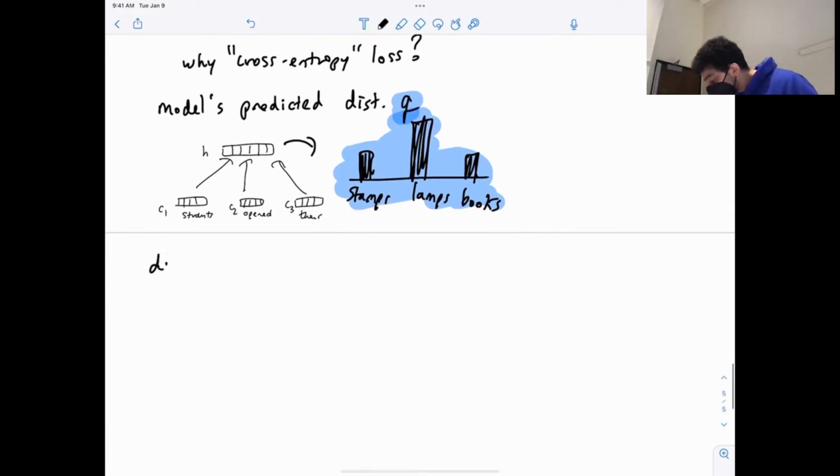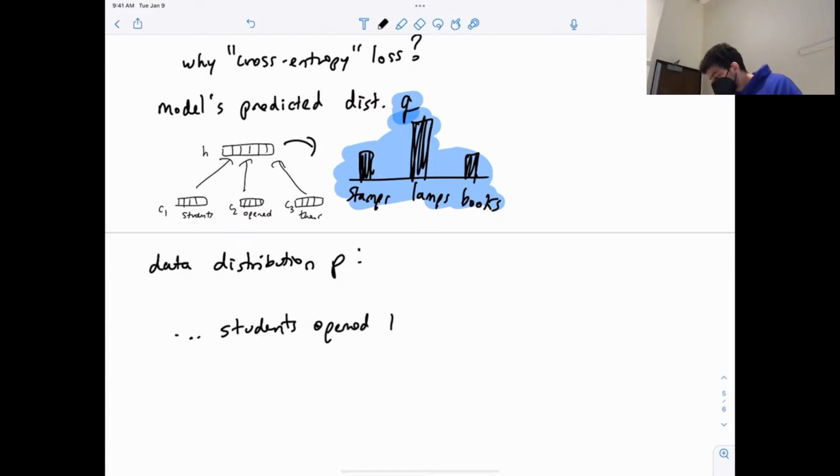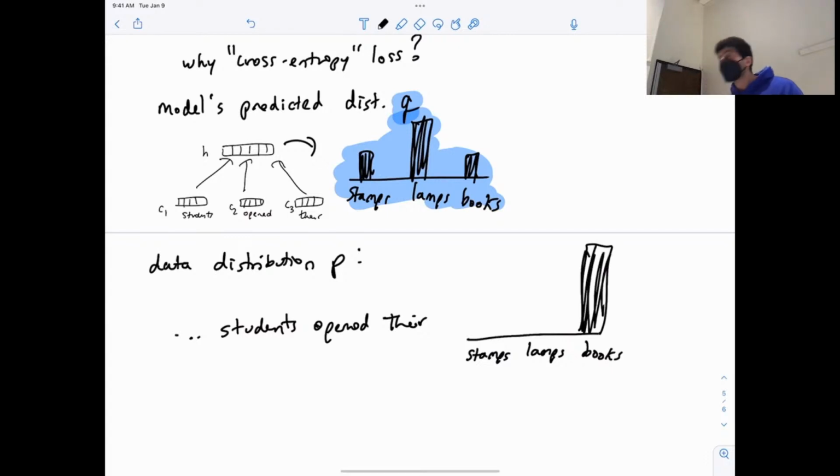So in our data, we observe this prefix, like a lot of words, and then "students opened there." And in the data, there is only one word that follows this prefix that we've observed, right, which is books. So our data distribution is going to have 100% of the probability on books and 0% on all of the other words in the vocabulary.